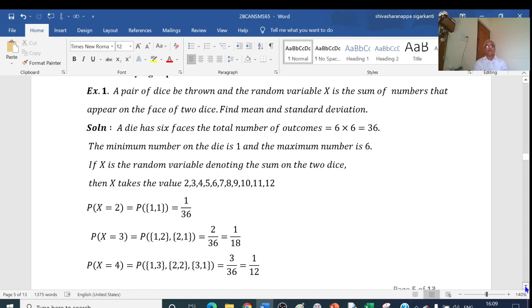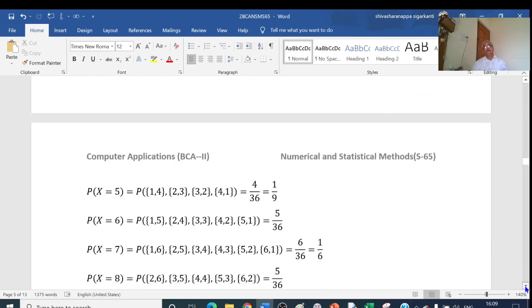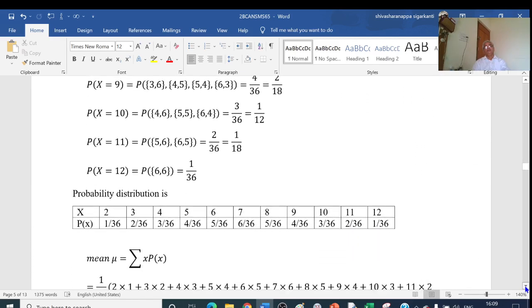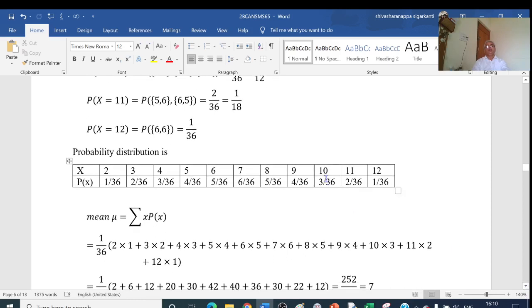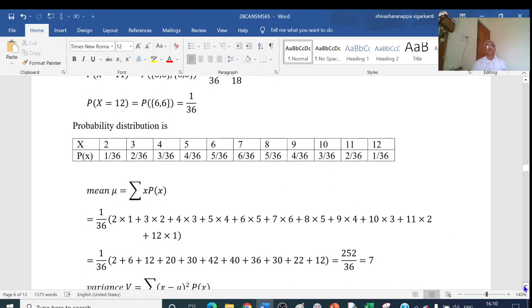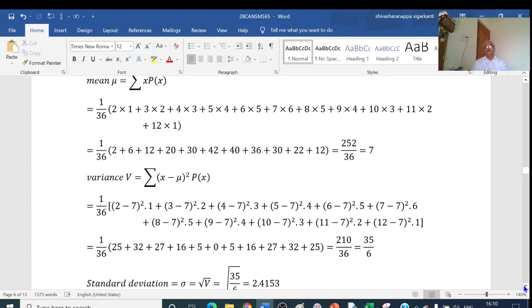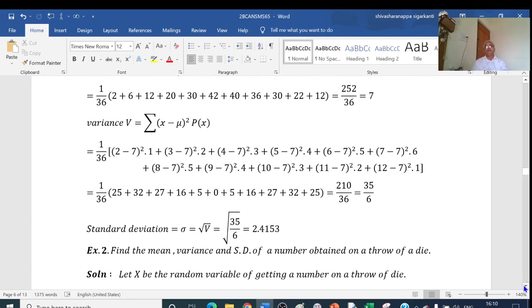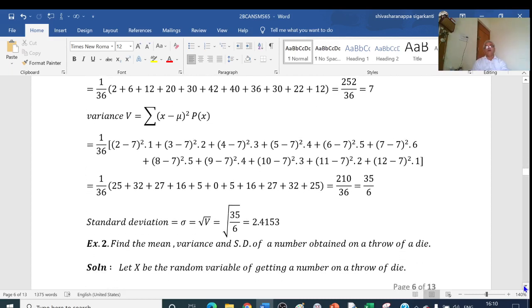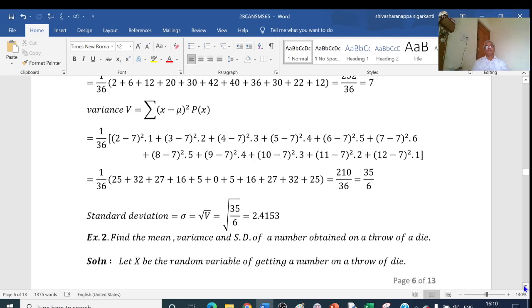After finding this, you have to write the table and then find the mean. Mean is given by summation x into p(x), and the variance is given by summation of (x minus mu) square into p(x), and the standard deviation is given by root of the variance.